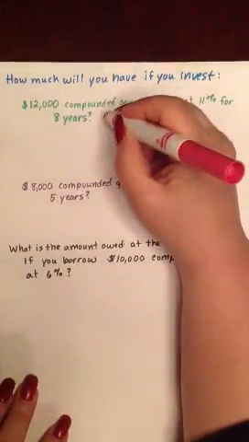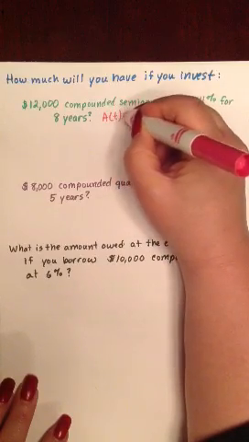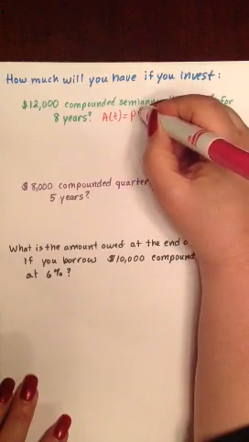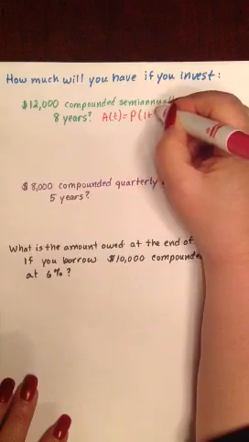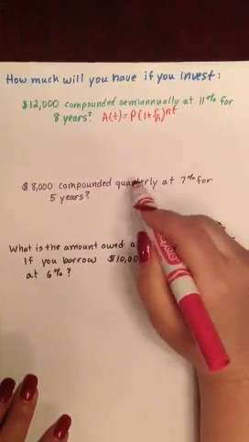So we're going to use that formula that says the amount that you have after time is equal to the principal that you invest times 1 plus r over n to the nt power. That's the formula.